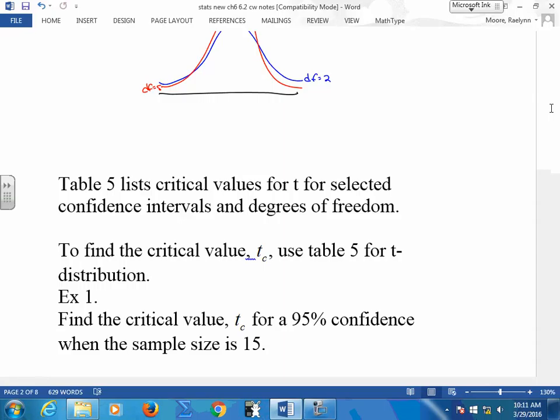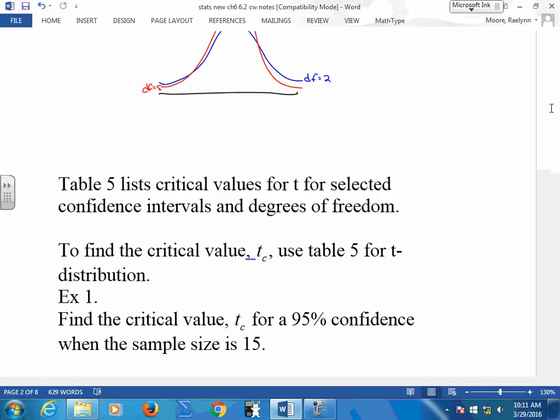If you take a look, they gave you a little sample table on 311. This is table 5. It has a couple of headings. It says level of confidence C. It says 1 tail, 2 tails. It's got a little alpha sign next to the tails.